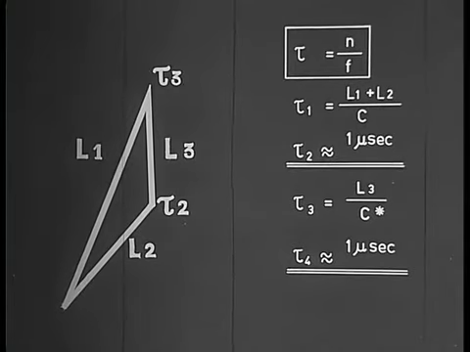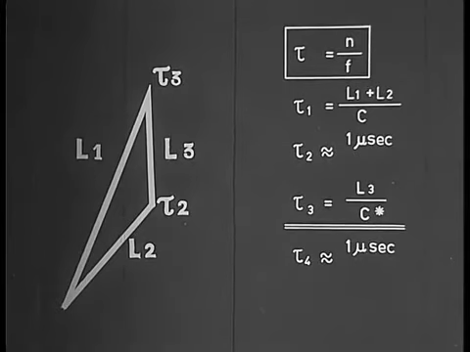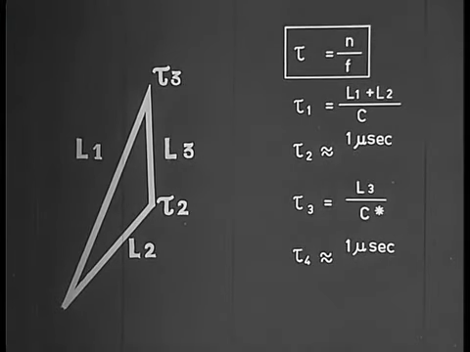Tau 3 equals L3 over C asterisk. We assumed that the location of the source is independent of the location of the reflectors. It was found that the vortex moved downstream with approximately 2/3 of the sound velocity in the ambient medium.